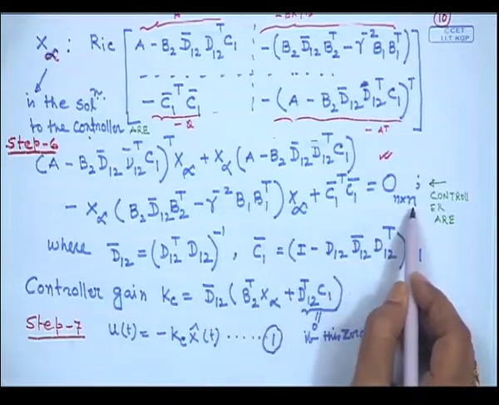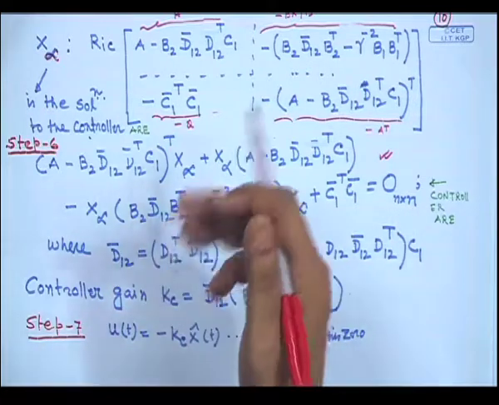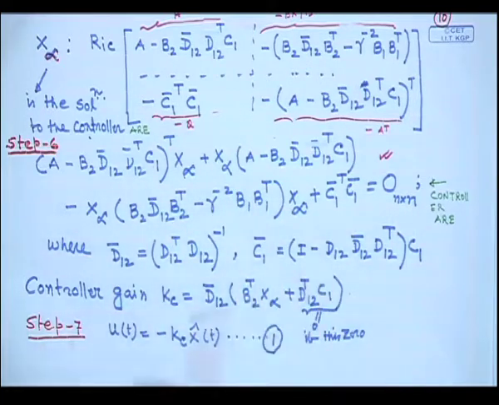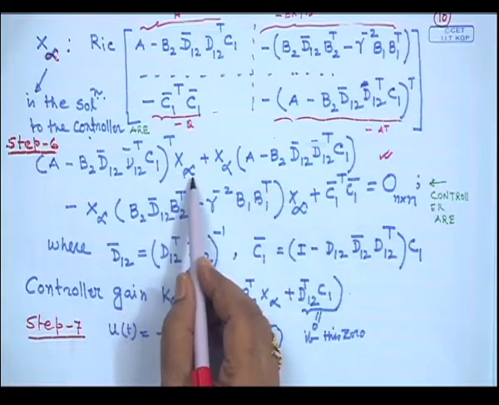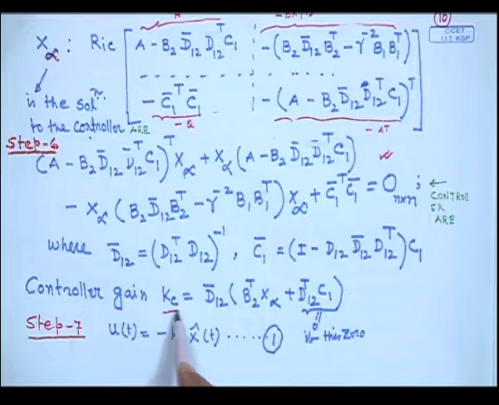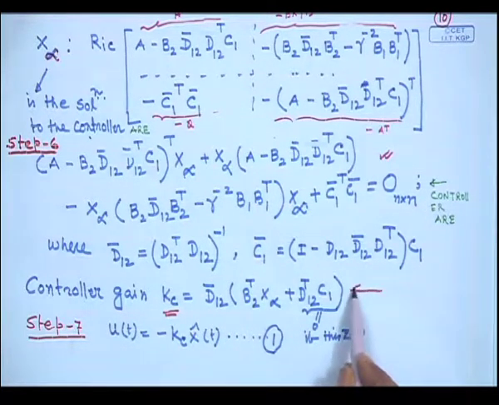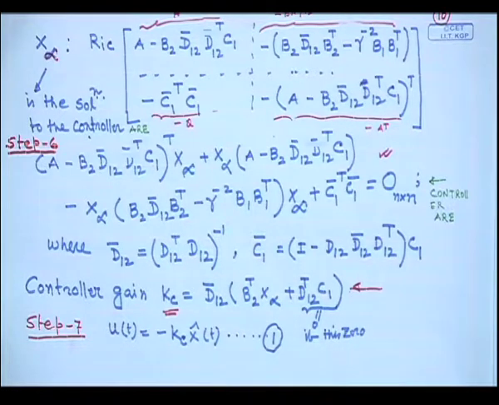So, you have to solve the Riccati equation. We have already discussed how to solve the Riccati equation, the different methods that you recall. Once you know the solution of the Riccati equation, X infinity, then I can use it to get the constant controller gain K. And this term will be 0, and if this is 0, then it will not come into the picture.